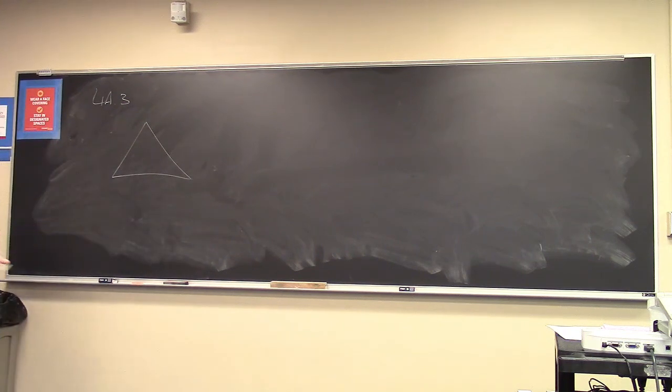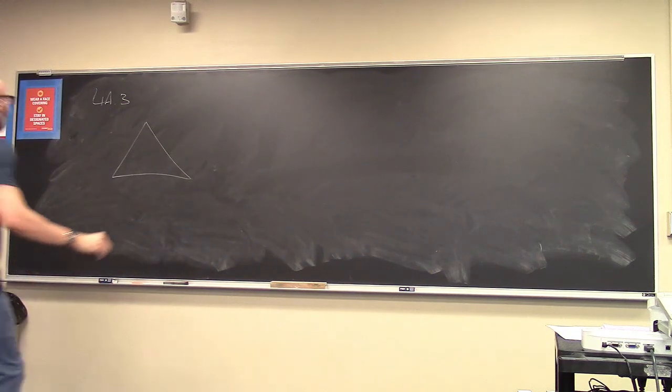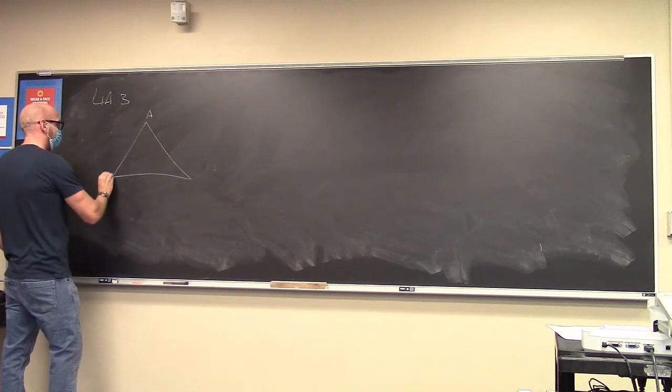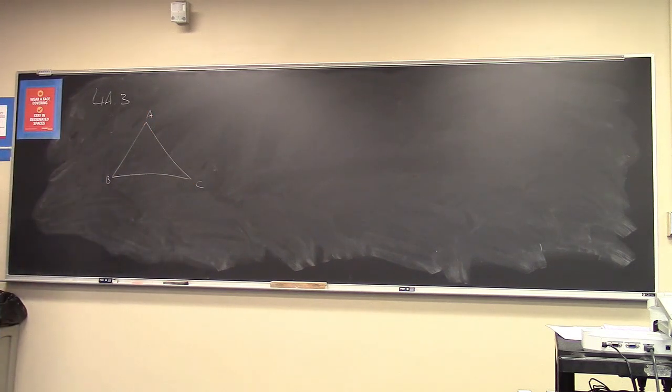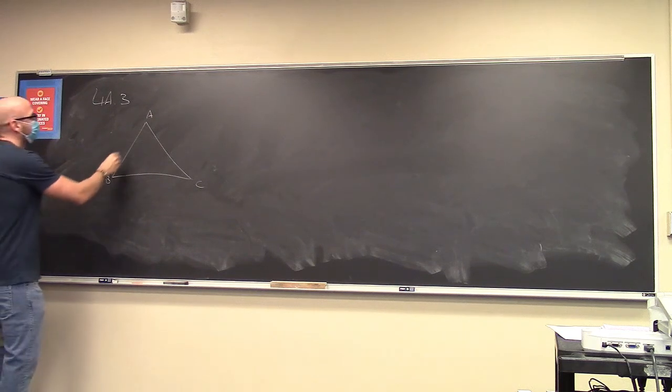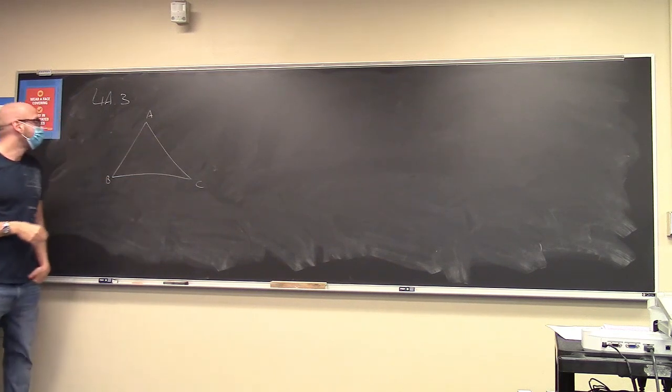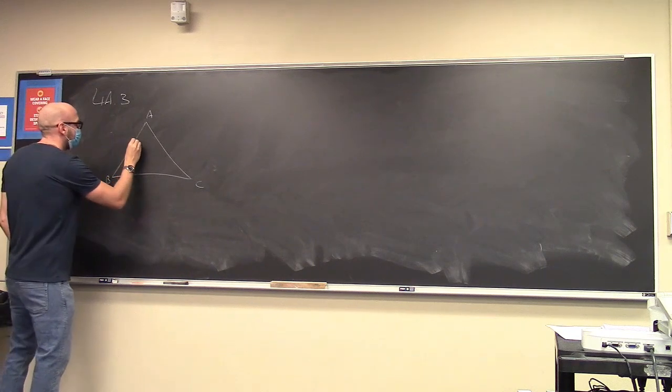Let's suppose I have a triangle ABC. The question is, look at the points of tangency of the three excircles.